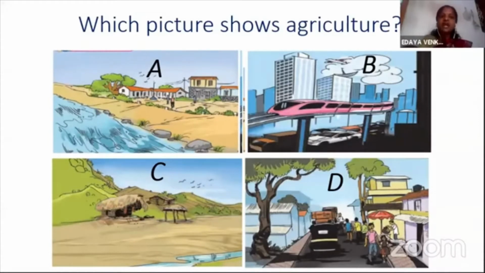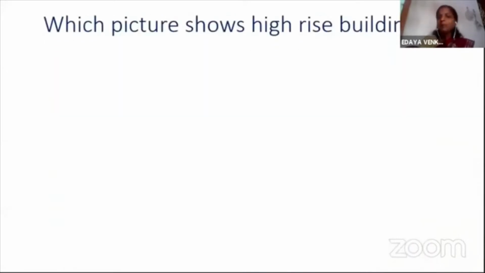So we can say that in pictures A and C, there is agriculture. We will move to our next question. Can anybody read this question for me? Which picture shows high-rise buildings? Can you recollect the picture and tell me the answer without seeing it?